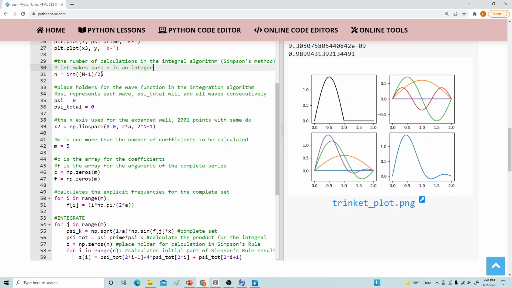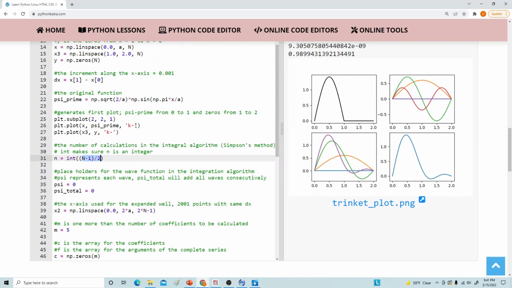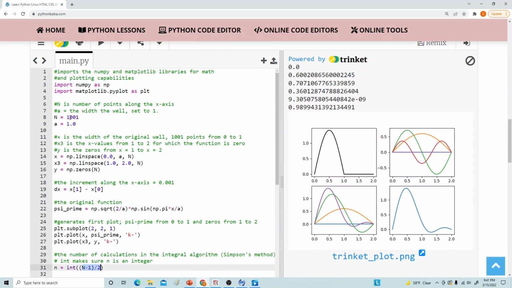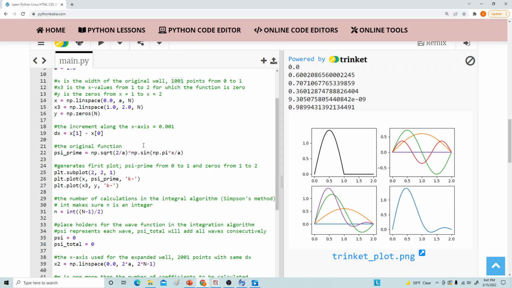And also, if this is not an even number, and this is another reason why I chose this interval of 1001, because when you use Simpson's rule, this n minus 1, and then you divide by 2, it's much simpler for Python to get a number that is easily converted to an integer, even if it considers it as a float, rather than having to try and round, okay, and force something that's not an integer to be an integer.